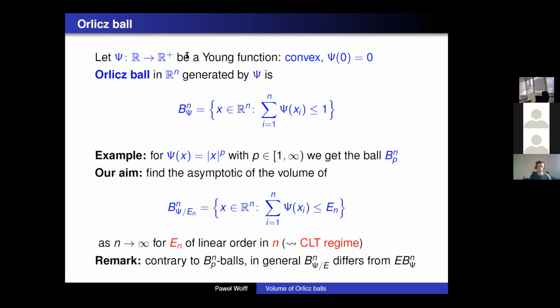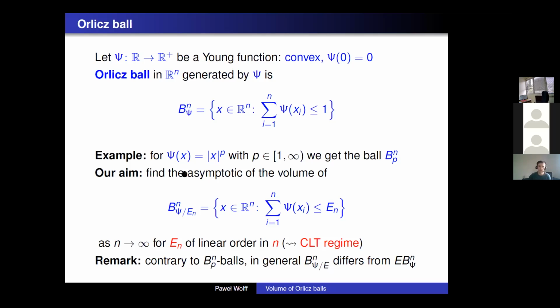It's not necessarily symmetric, and we define an n-dimensional Orlicz ball in Rn generated by the Young function as the following set. It can be proved that this is a convex set, not necessarily symmetric if psi is not an even function, and taking the absolute value to the power p as our Young function, we get back to our previous example.